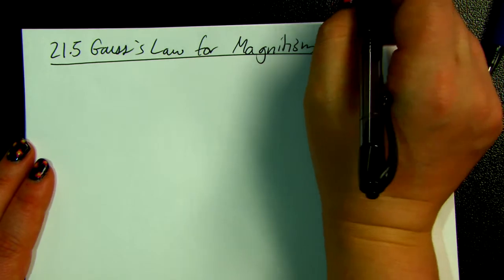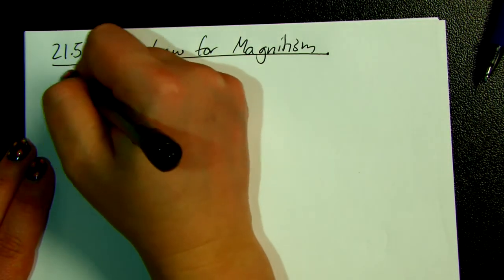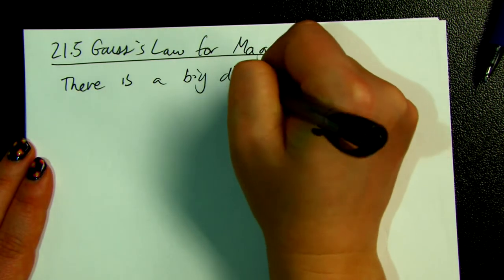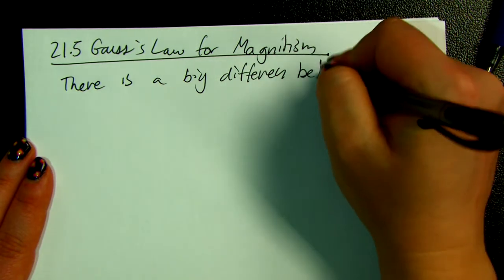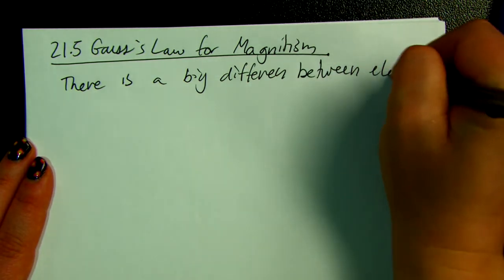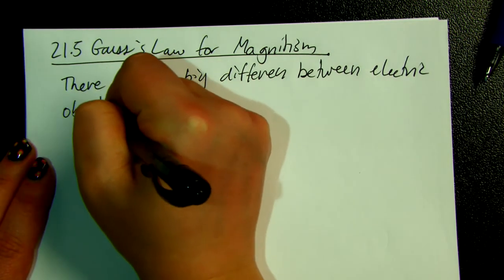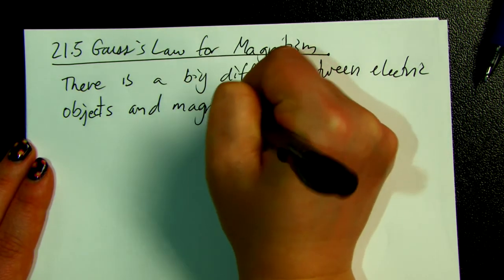There is a big difference between electric objects and magnetic objects.